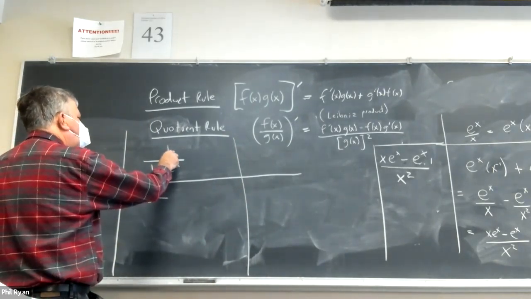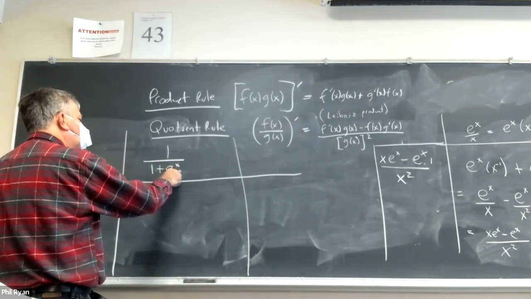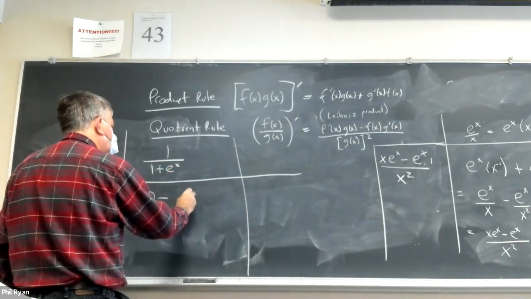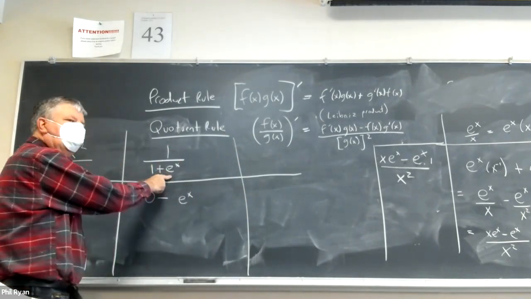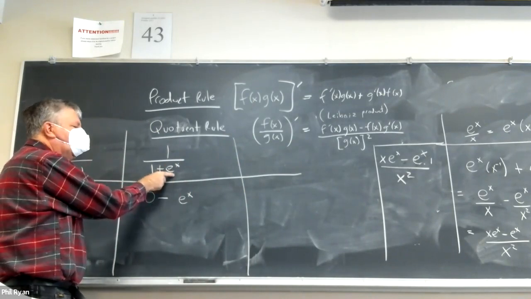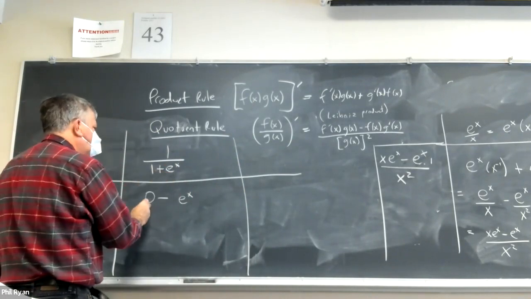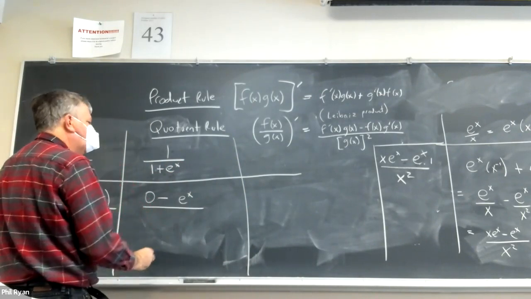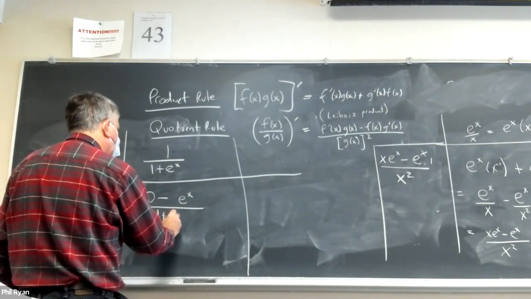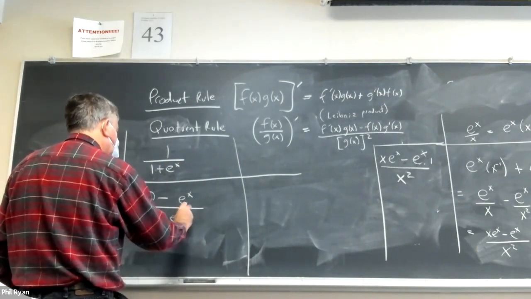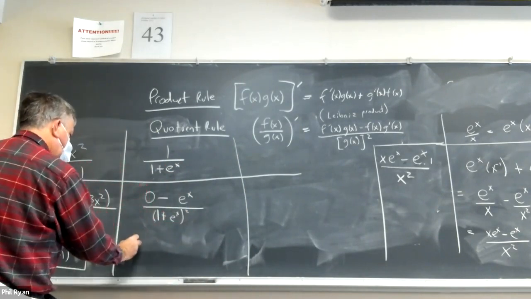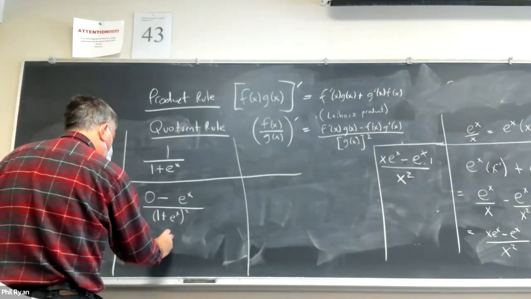Minus high d low, that's e to the x. 1 times the derivative of 1 plus e to the x is e to the x. Divided by the bottom squared. And that's easy to tidy up.